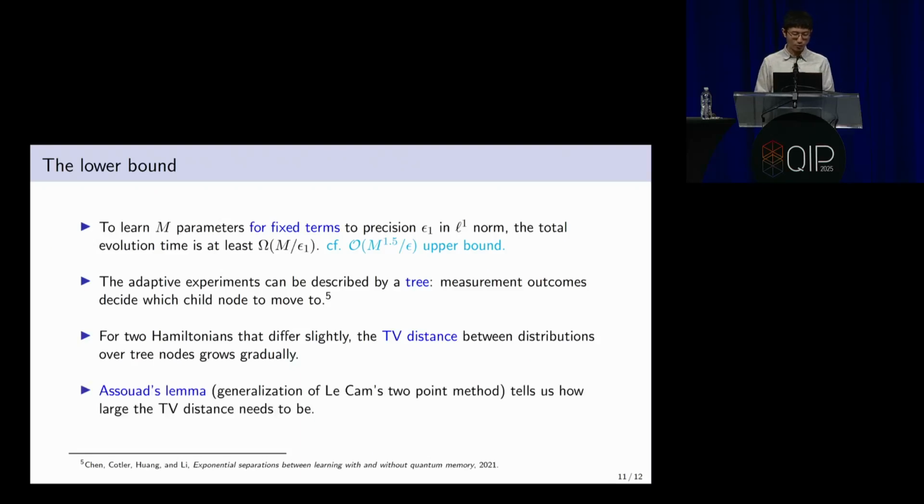Then we also use Assouad's lemma, which tells us how large the TV distance needs to be in order to successfully distinguish multiple Hamiltonians. On the one hand, we have an upper bound on the TV distance. On the other hand, we have a lower bound on the TV distance. Using these two things, we can bound the least amount of total evolution time you would need to distinguish a bunch of Hamiltonians, which is a consequence of this learning task.